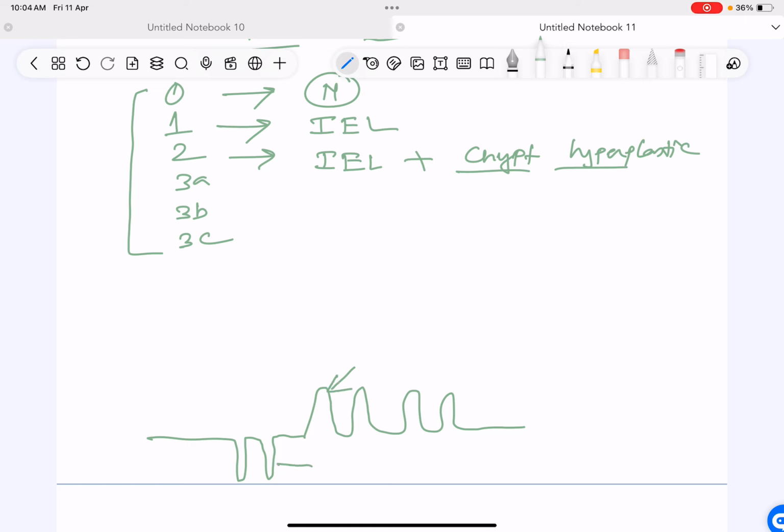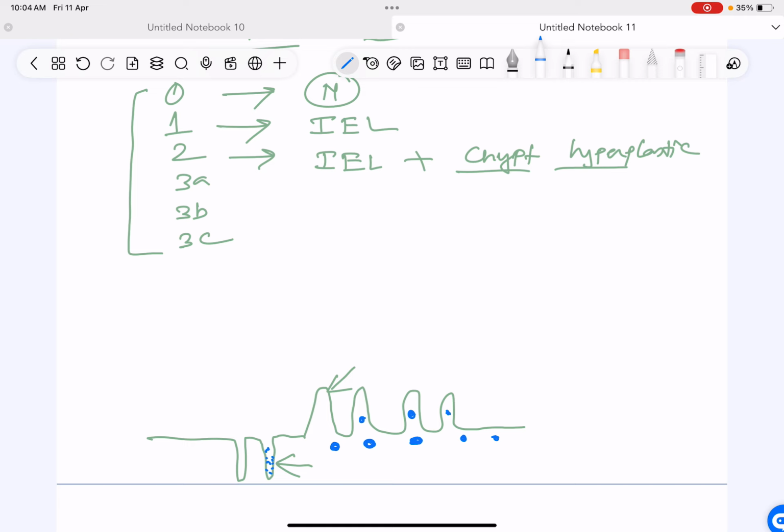These are the villi, these are the crypts. In stage 1, we have the IELs in the lamina propria. Okay? We have IELs in the lamina propria. Next stage, IEL along with that hyperplastic crypt.